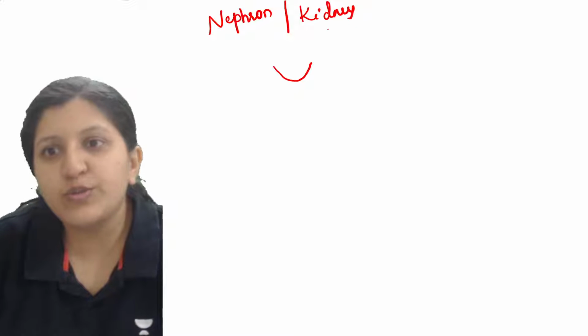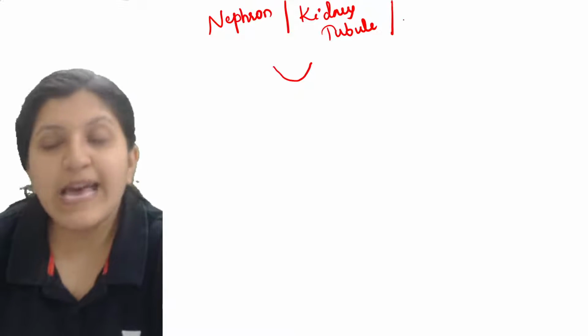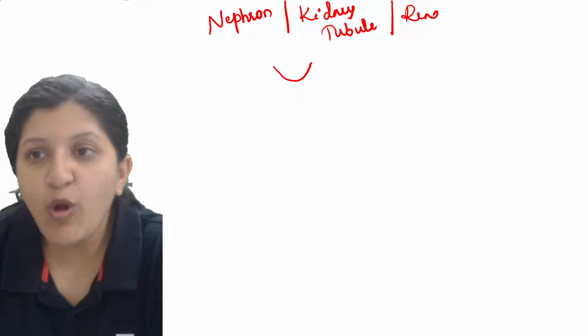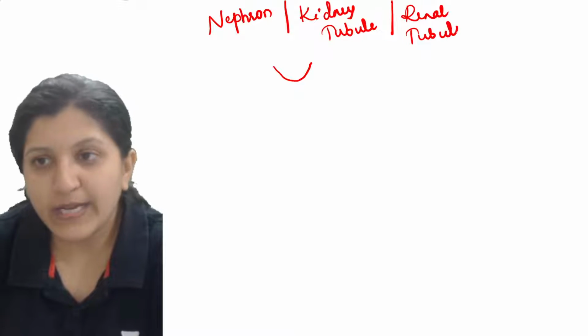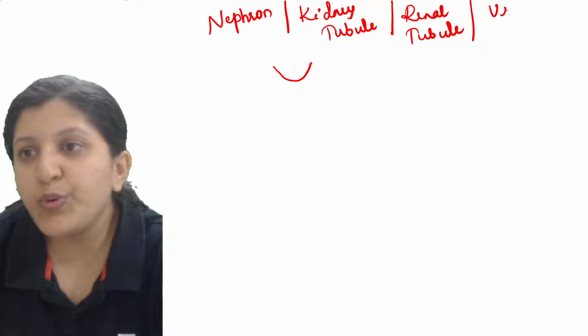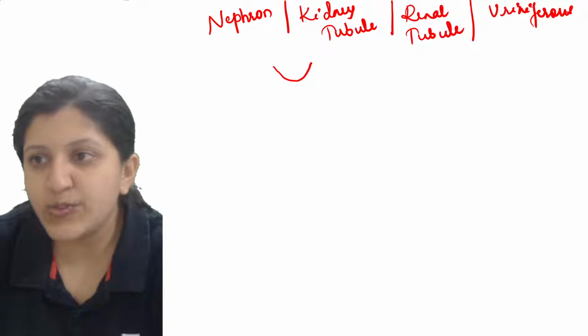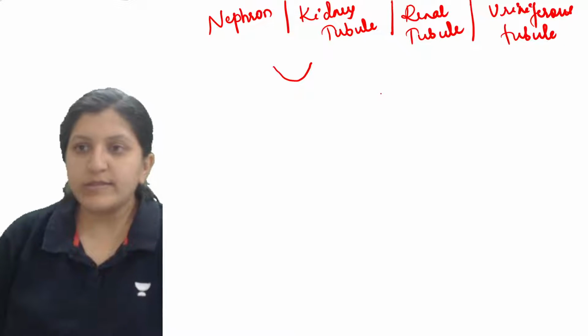You can also call this uriniferous tubule, renal tubule. Every alternate name which is given in your book, you need to know that. So this is a uriniferous tubule as well.